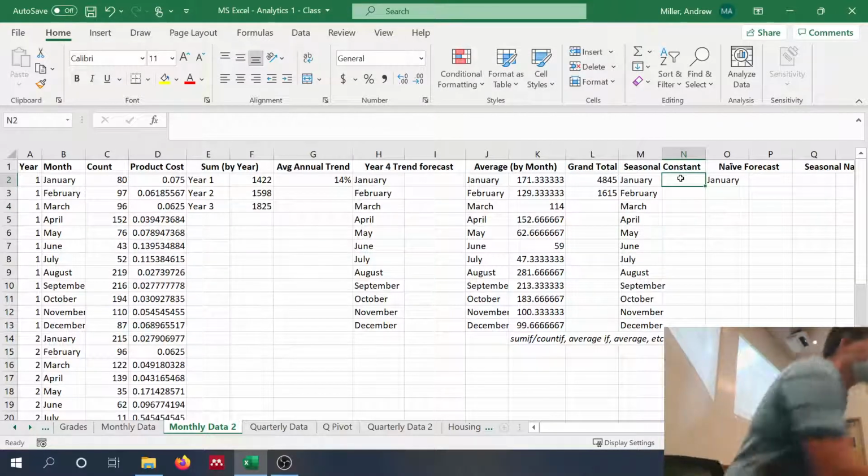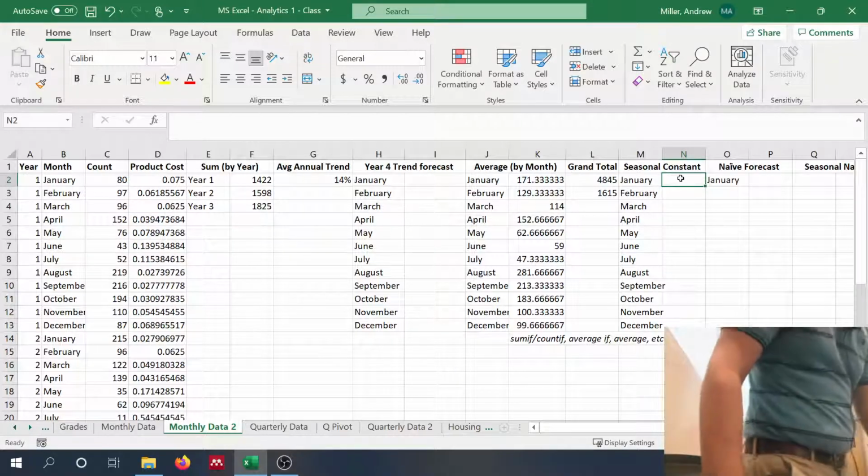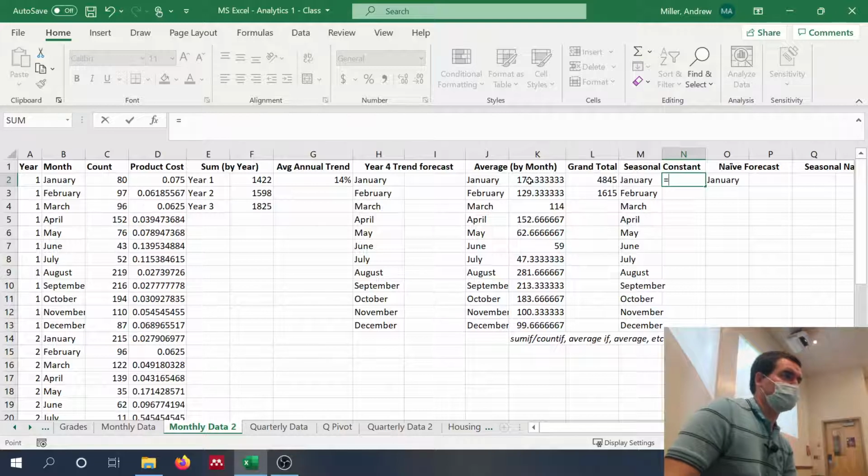Okay, who can tell me how to calculate the seasonal constant? Go pass that down to him, please. How am I going to calculate the seasonal constant? So divide the average by each month by, you said the grand total?